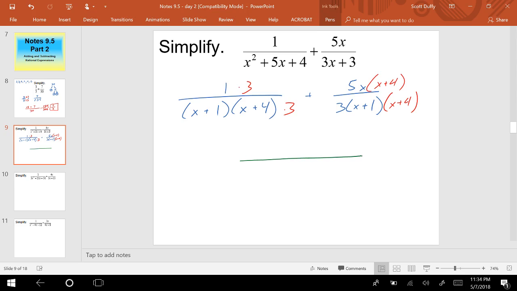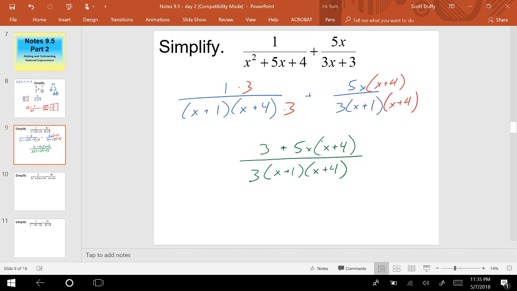Let's simplify this. 3 times 1 is 3 plus 5x times x plus 4 all over 3 times x plus 1 times x plus 4. I'm going to leave the bottom factored, but I'm going to simplify the top.